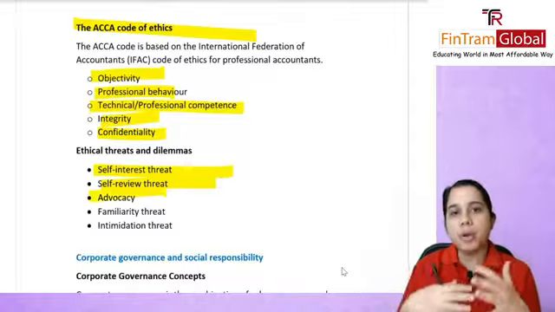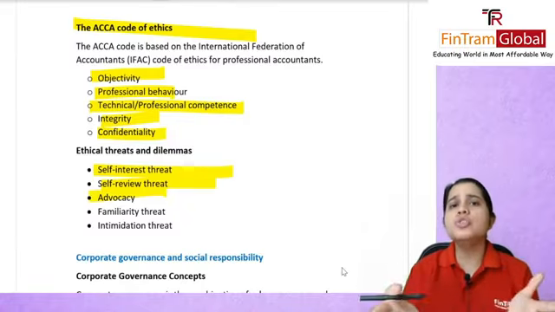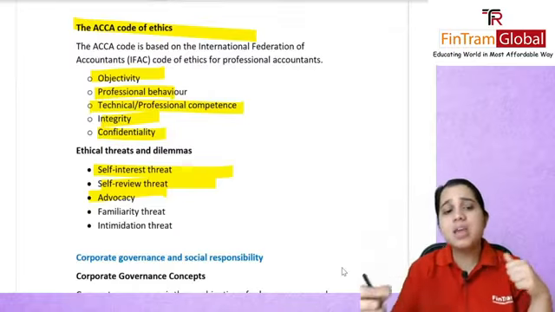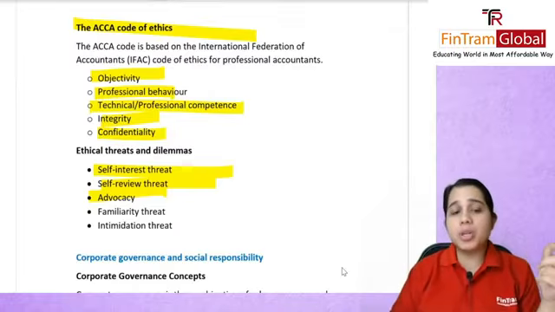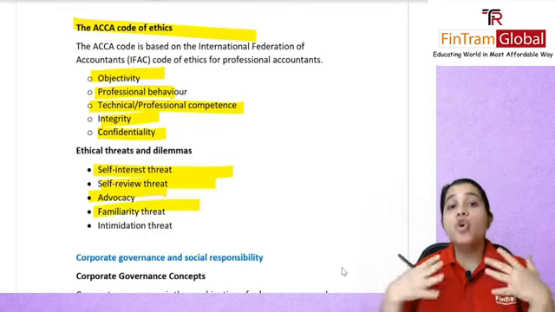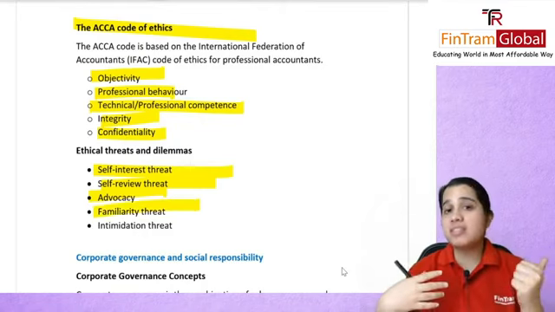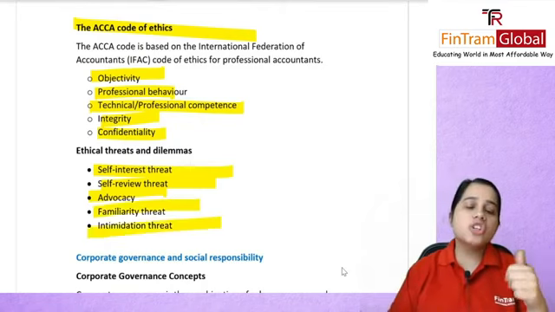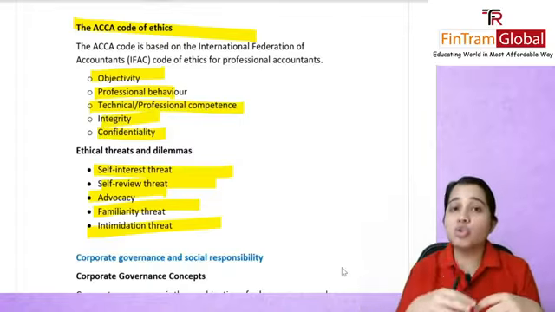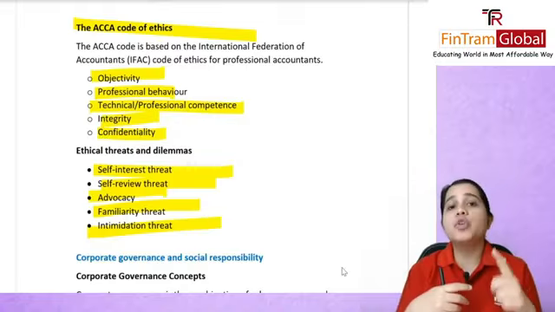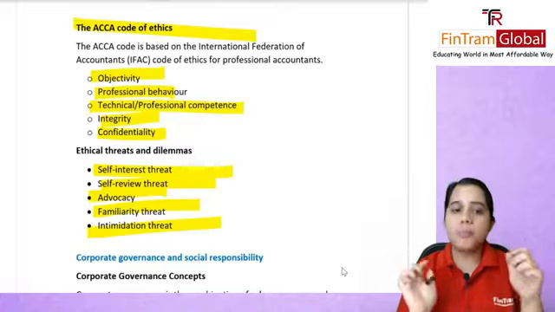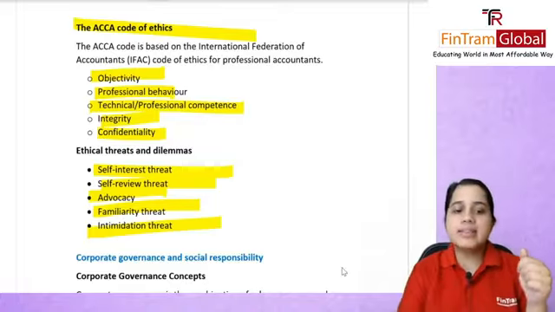Advocacy, when you are promoting a client's opinion, which usually happens in legal cases. Familiarity threat, if you know your client too well. And intimidation threat, probably your manager is asking you to do something wrong and says if you don't do it, you will lose your job. So these are the various ethical threats and dilemmas.